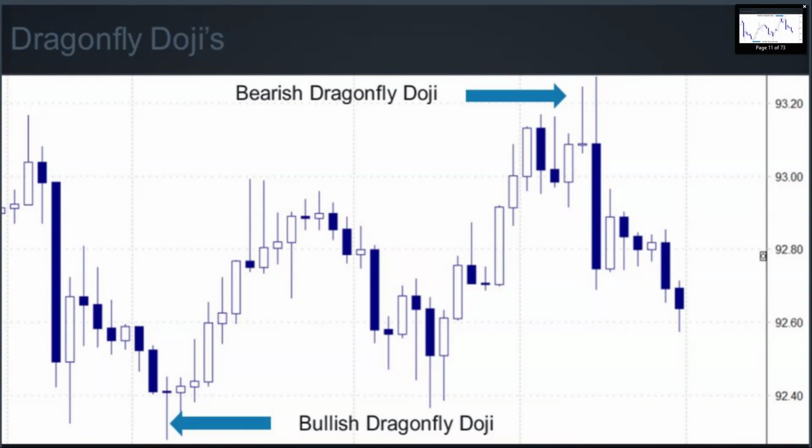So we want a bearish dragonfly doji to appear in a supply zone, and we want a bullish dragonfly doji to appear in a demand zone. That's where it makes more sense. Understand what I'm saying?